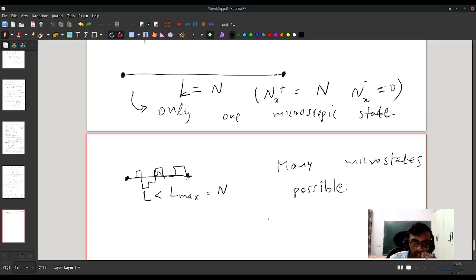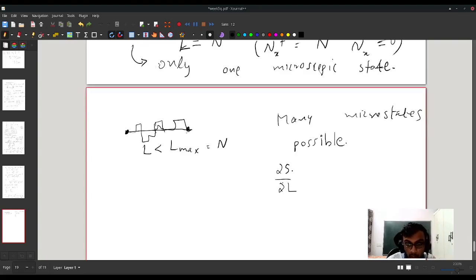So that means if you decrease the length, then the entropy will increase. There are more microscopic configurations possible with a smaller length than with a larger length.